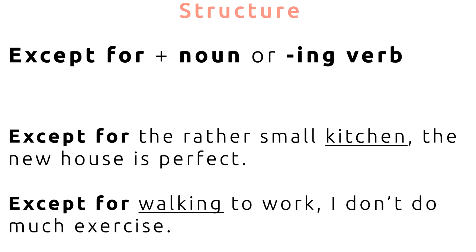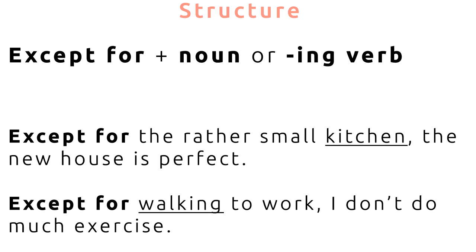We have a choice of using either a noun or an ing verb with except for. So the structure is except for plus a noun or an ing verb. Look at the two examples below. The first one includes a noun.